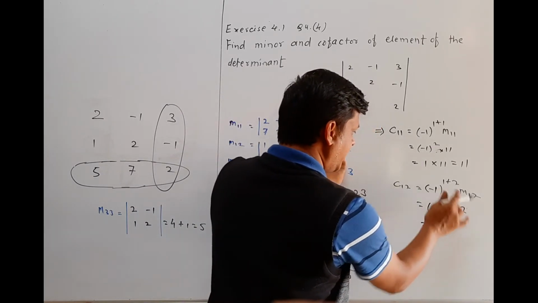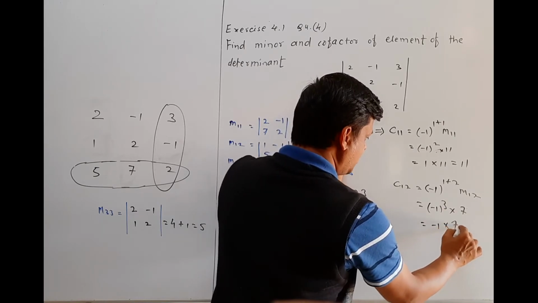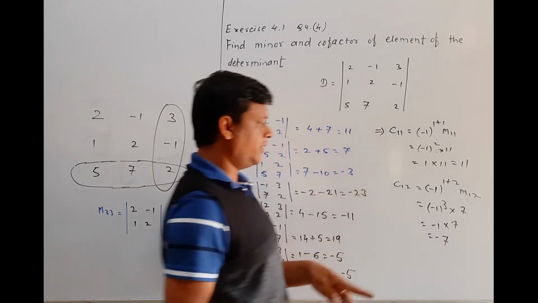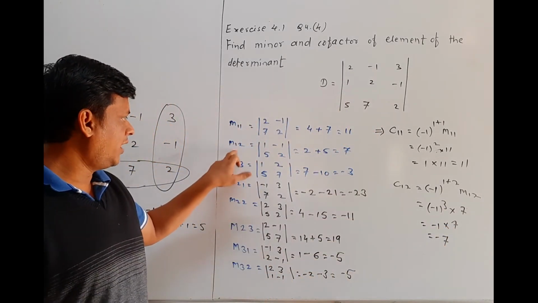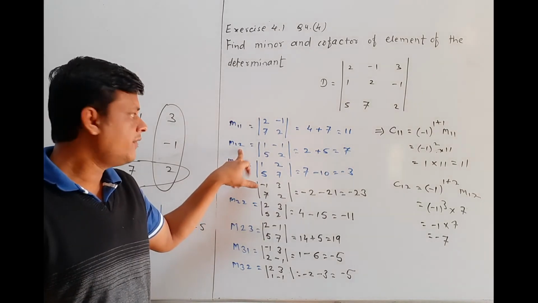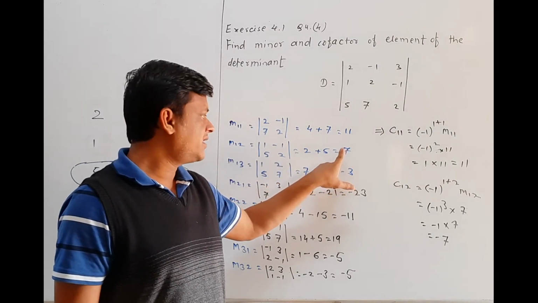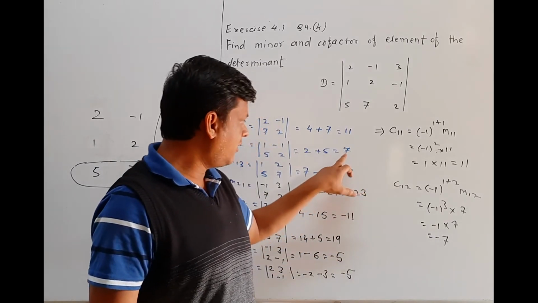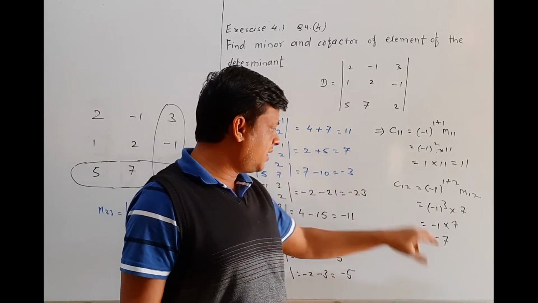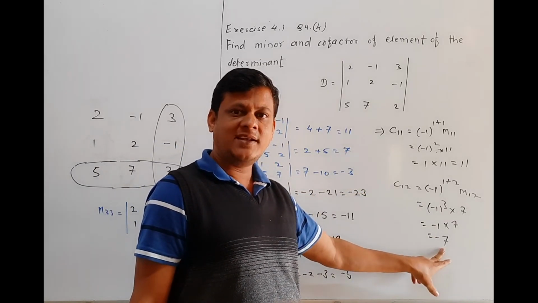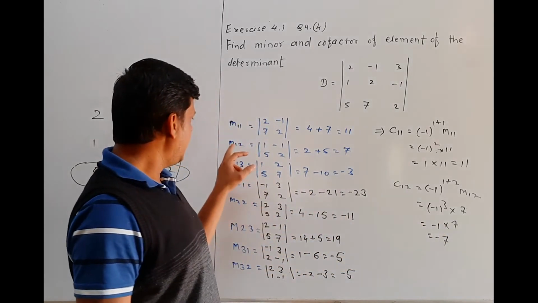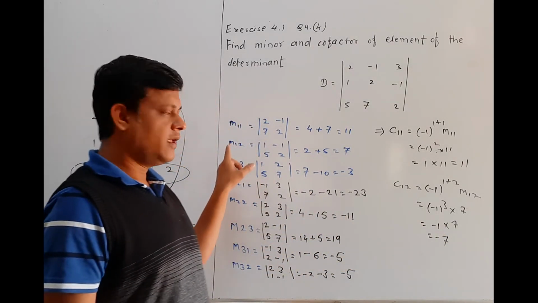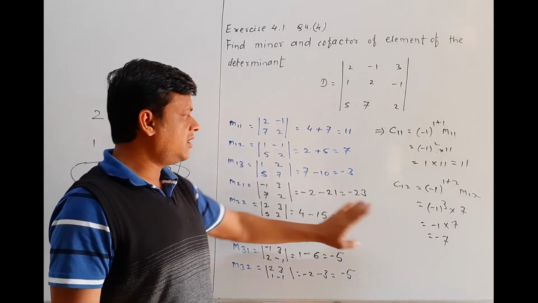So minus 1 raised to the power 3 gives minus 1, into 7, which is equal to minus 7. Here the position sum 1 plus 2 is 3. 3 is odd, so we change the sign. Here the value is 7 and the sign is plus, so here we write minus 7. That means if the position sum is odd, we have to change the sign only.